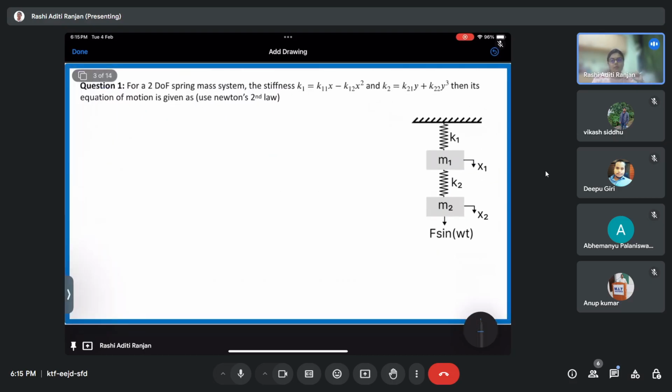Okay, so my first question is this, where I have a 2 degree of freedom system and I have a forcing on mass m2 and I have to evaluate its equation of motion, considering that my stiffness is essentially nonlinear. Okay, here it should not be stiffness actually. Wait.